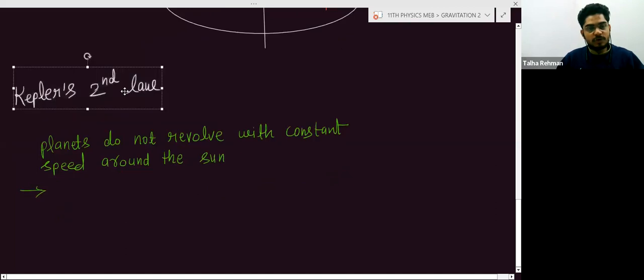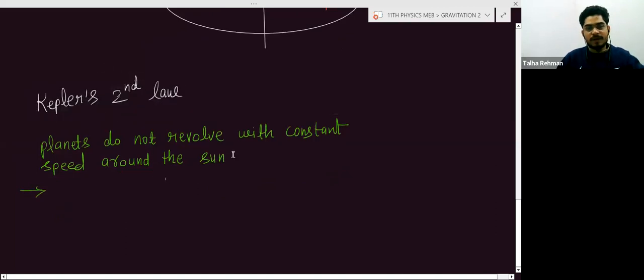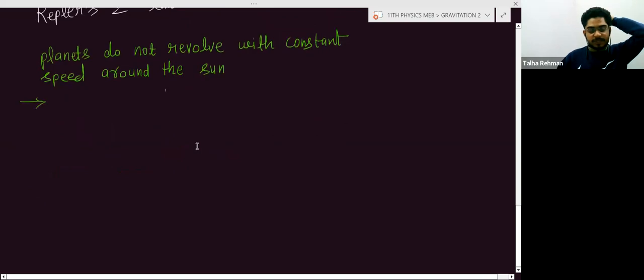Planets do not revolve with constant speed around the sun.